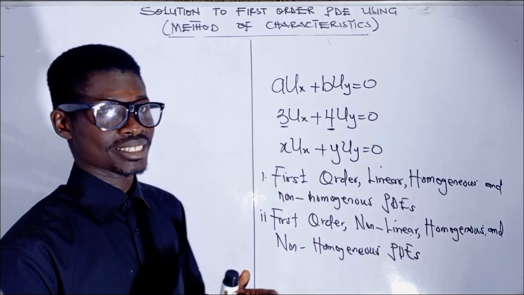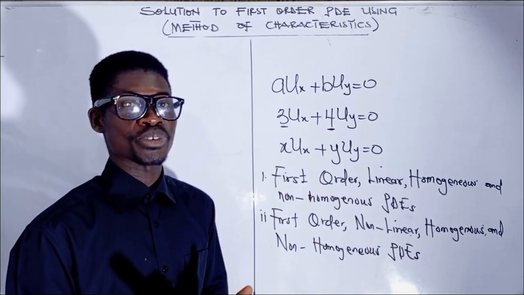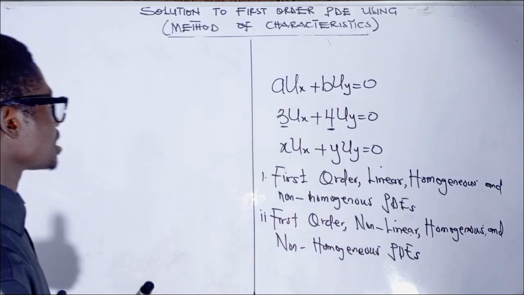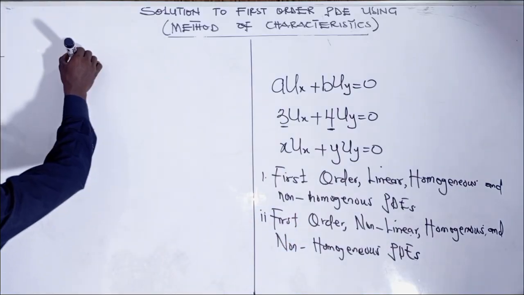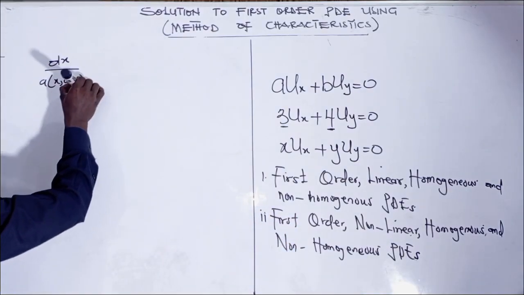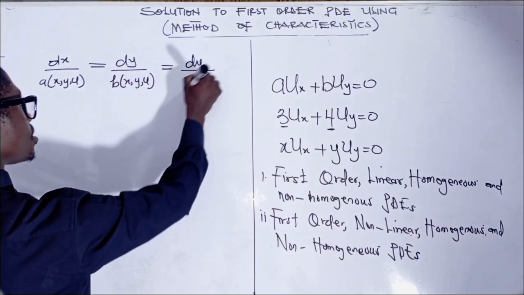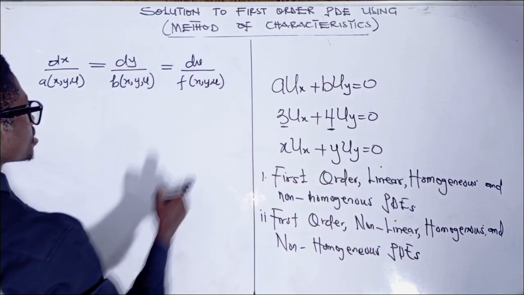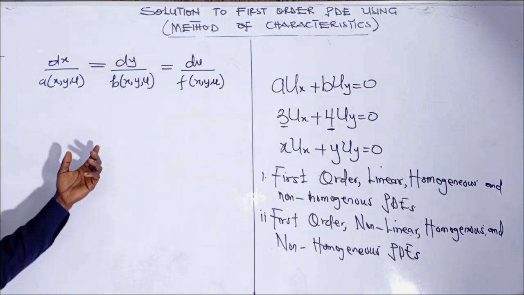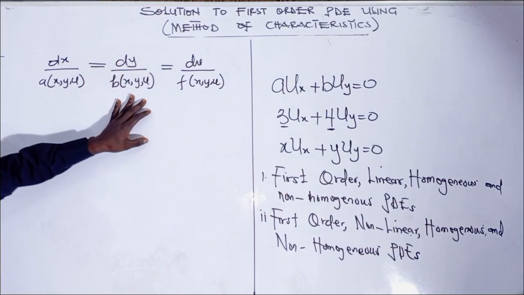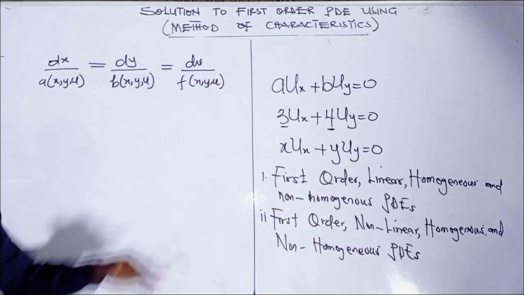Now, what is this method of characteristics equation that we are hyping so much? This is the method of characteristics, which is given as dx over this is equal to dy over this, and then du over this.